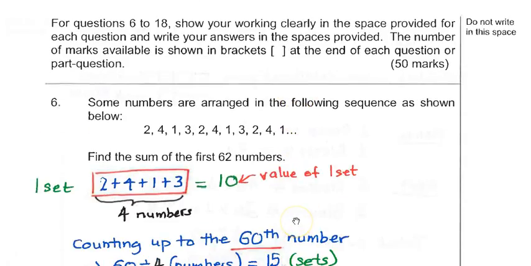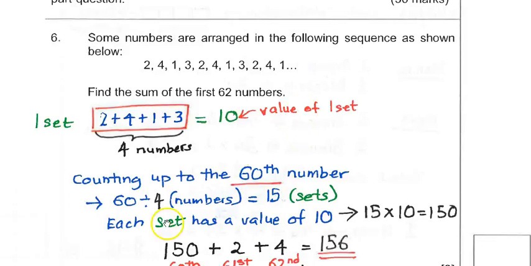Right, next, these numbers are arranged in this pattern: 2, 4, 1, 3, 2, 4, 1, 3, 2, 4, 1, 3, and so on. Right, now take a look here. This means this is the first number, second number, third number, fourth number, and so on until the 62nd number, right?